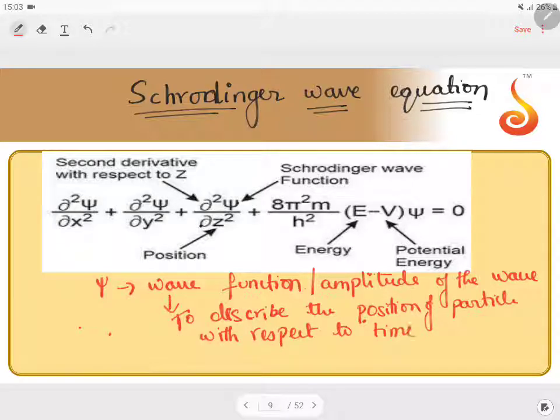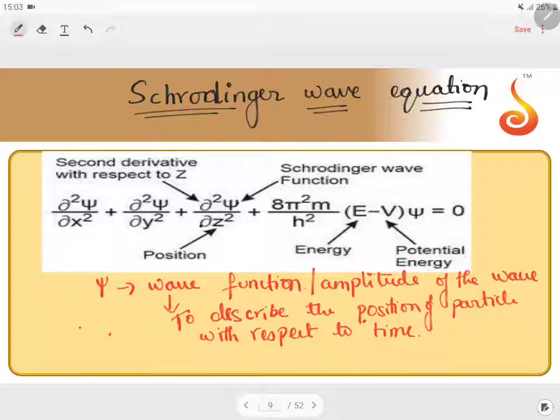Why with respect to time? We know that microscopic objects are under continuous motion. Their position keeps on changing. Therefore, to find out the position of the particle with respect to time, we can make use of this psi. Okay, that's the wave function.